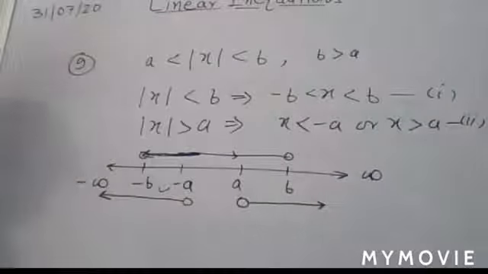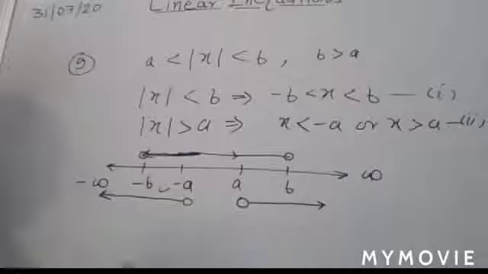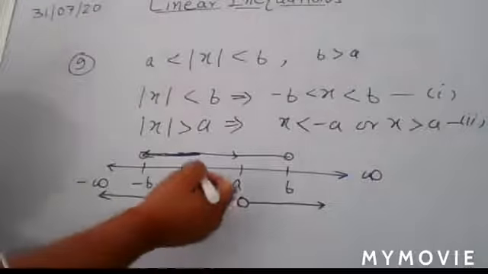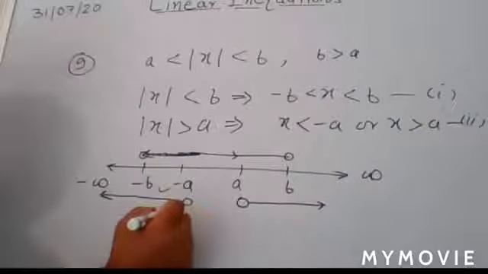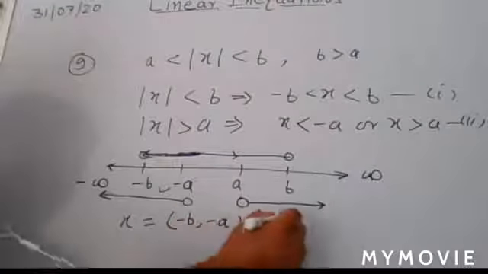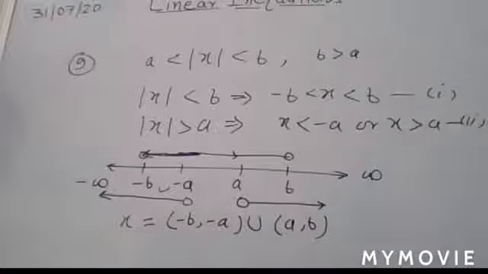You have to take the union of these two common portions. So with the help of this number line, you can say that x is equal to minus b to minus a union a to b. So that is your solution.